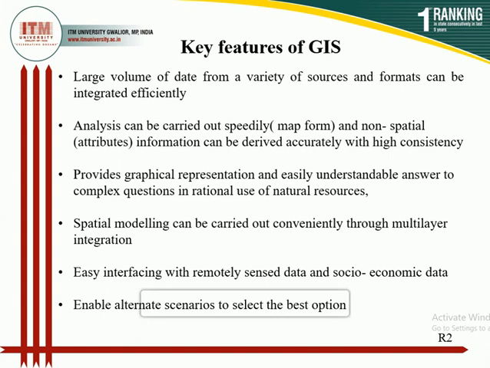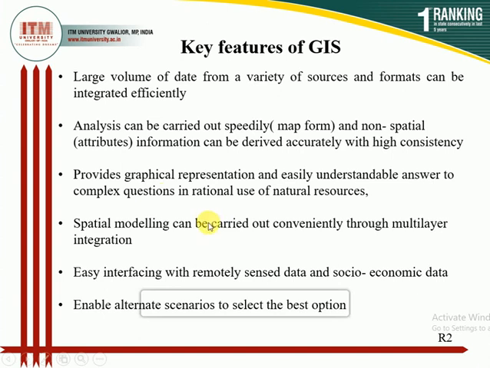Both non-spatial data and spatial data are handled efficiently for derivation of effective information from all types of data. The information is in graphical form or is an easily understandable answer to a complex question.